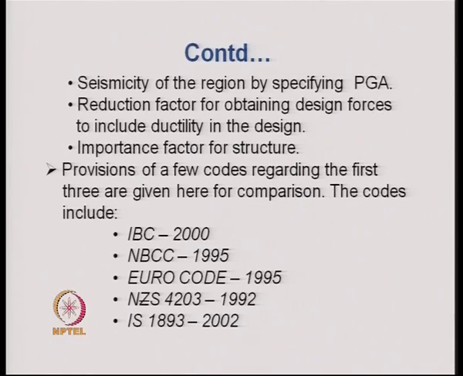For that we have some kind of common decision in all the codes. Therefore, a reduction factor given in a code does not vary much if we compare it with other codes. Similarly, the importance factor also does not vary much from one code to the other.